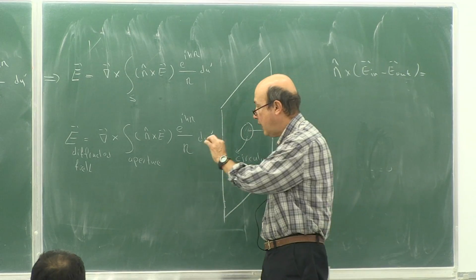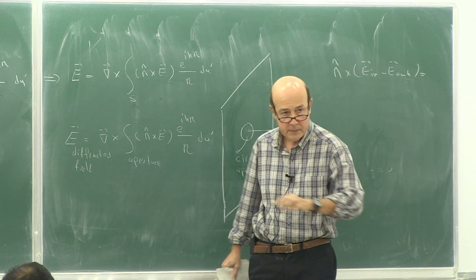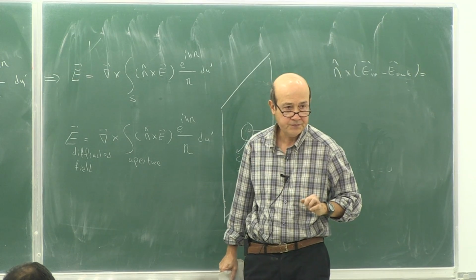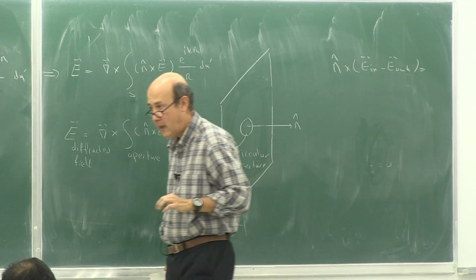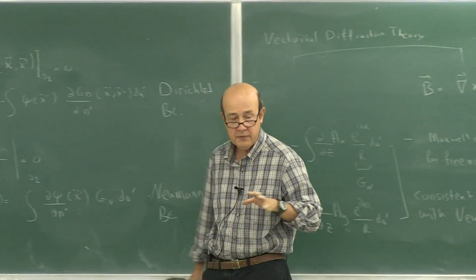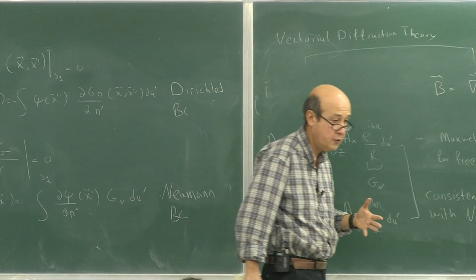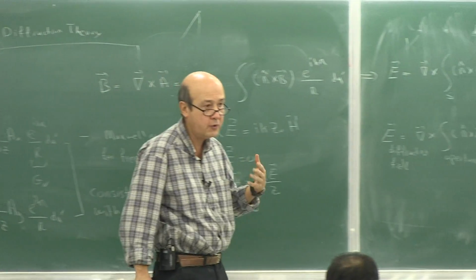Next, I will study the diffraction from the circular hole, a practical application. I summarized the whole diffraction theory very quickly and in an oversimplified way. If you look at your book, it is rather complicated.